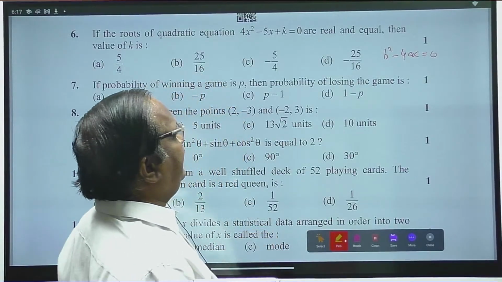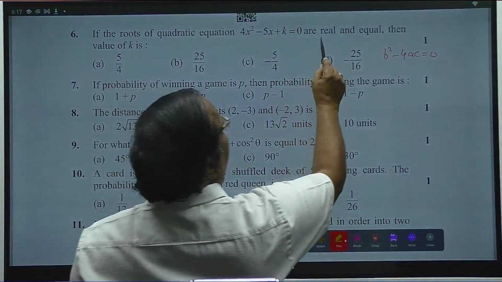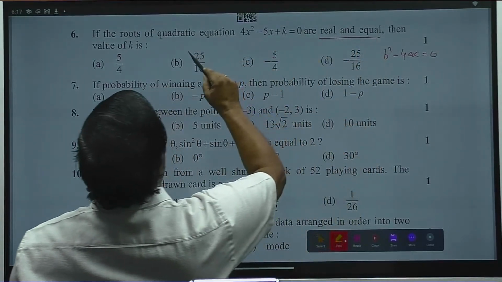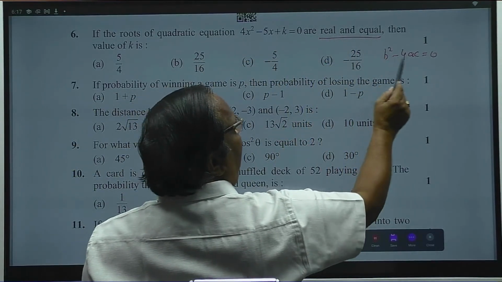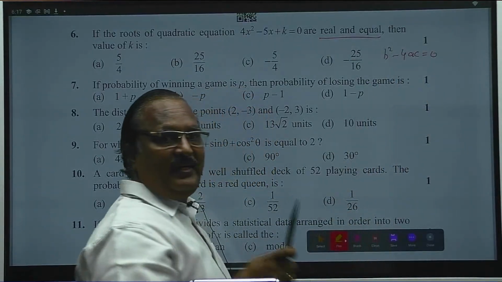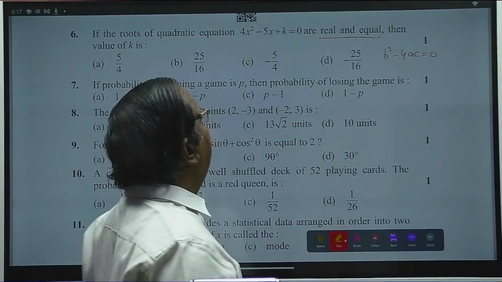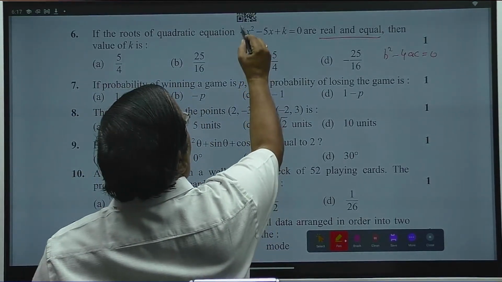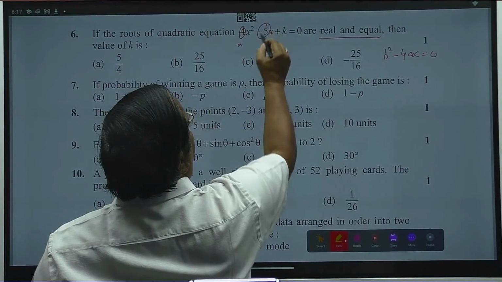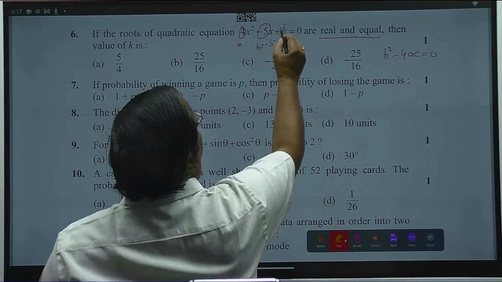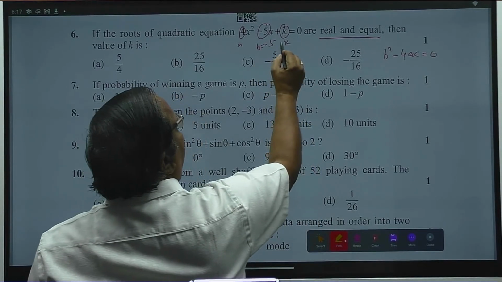So b square minus 4ac is equal to 0 because the nature of the roots is real and equal. Real and equal is this one. So that condition you should be aware of. Then only you can do the question. So now a is equal to 4, b is equal to minus 5 and c is equal to k. Okay.